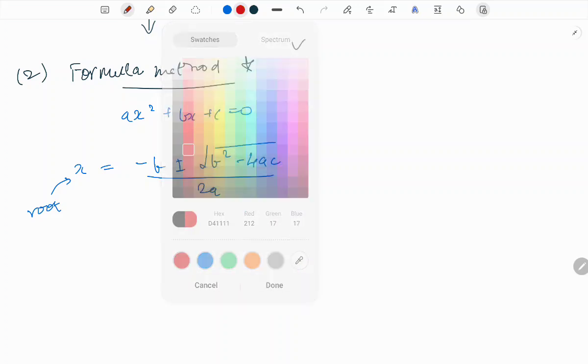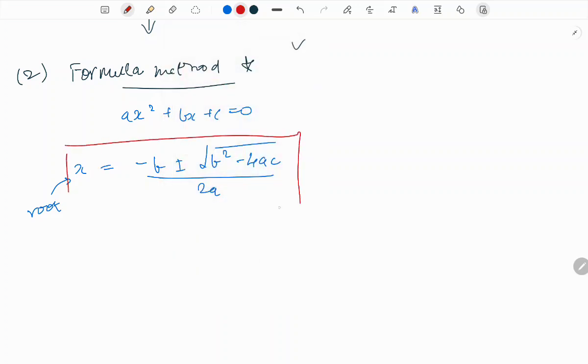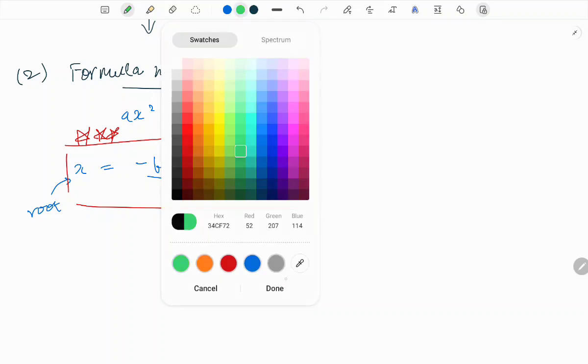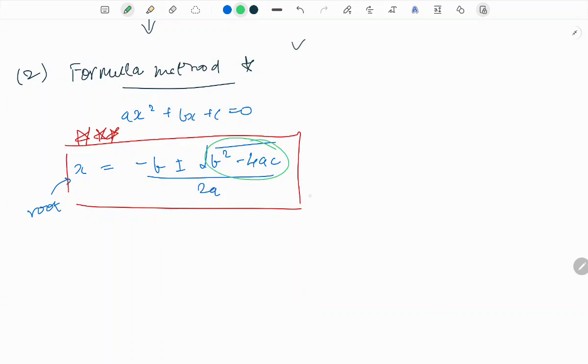This is a direct formula which you need to learn by heart, as it is very helpful for other equations.